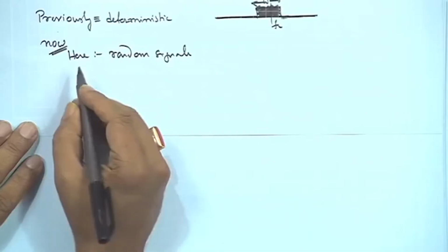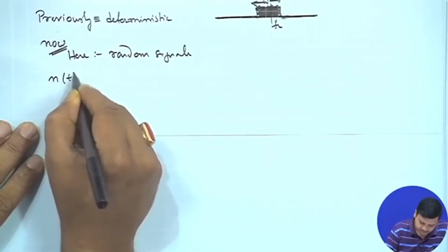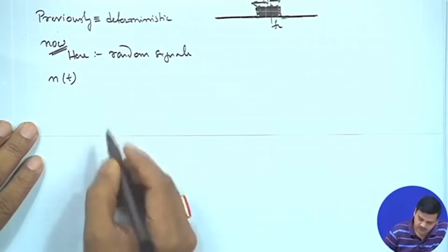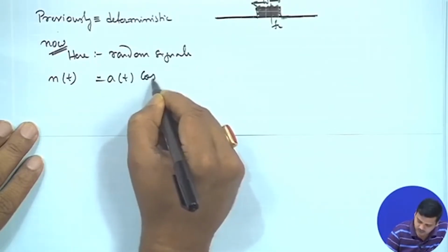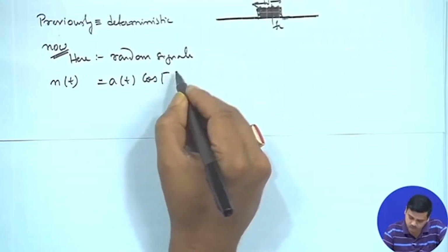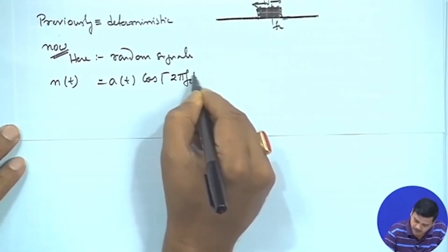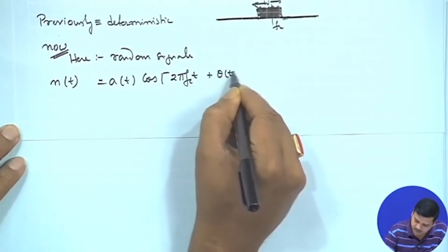So, in such a case, when this is what we have with us, we can write that n(t) could be represented as a(t) cos(2 pi f_c t plus theta(t)).